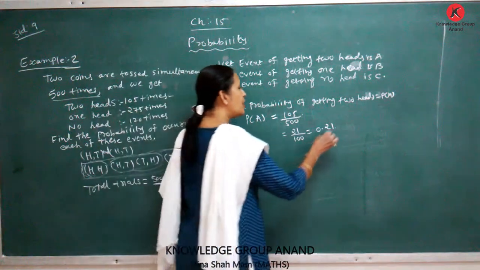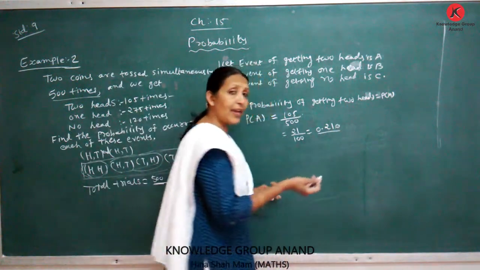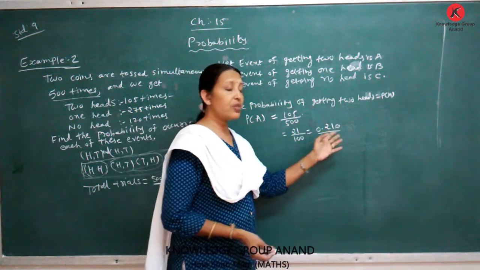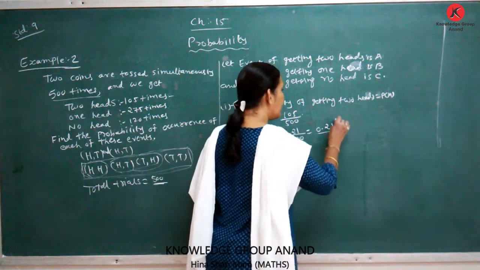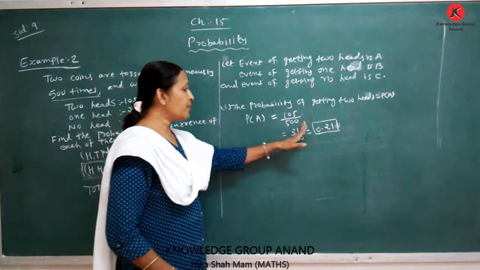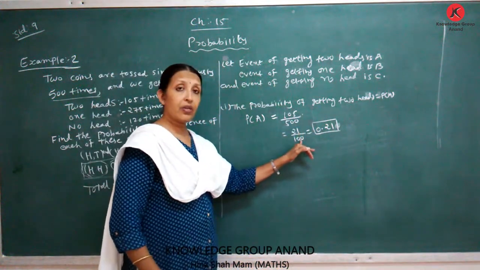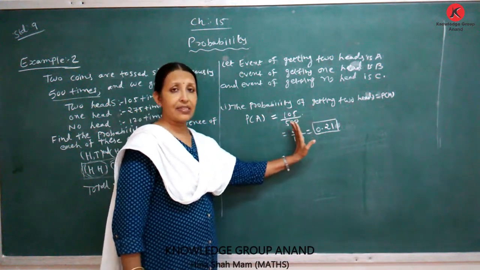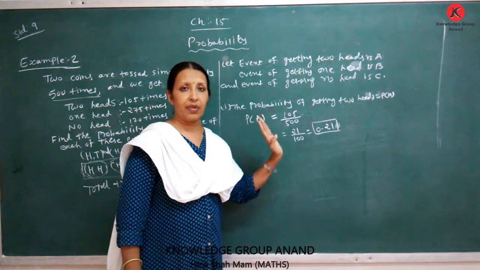If you find it is not over 10 or 100, then write it as it is. Don't convert into decimal.